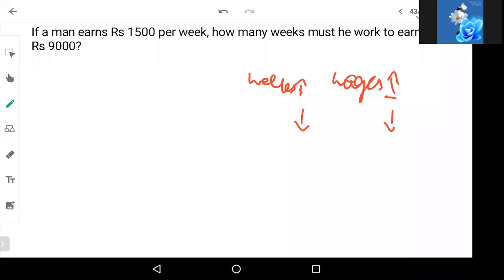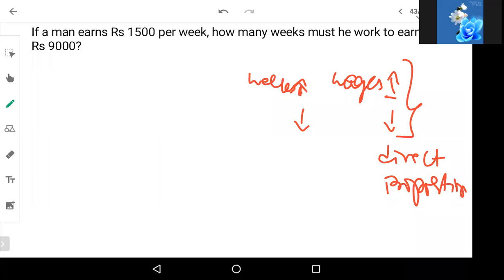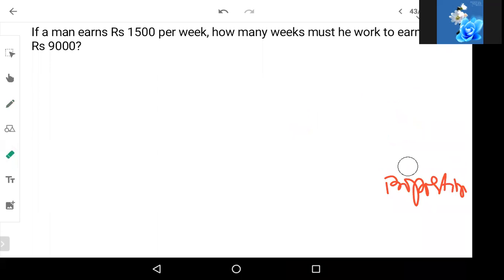If the weeks of work decrease, the wages will also decrease. So this is a case of direct proportion. In direct proportion, if one value increases, the other one will also increase, and if one decreases, the other will also decrease. So here we will be using direct proportion and solving this problem.